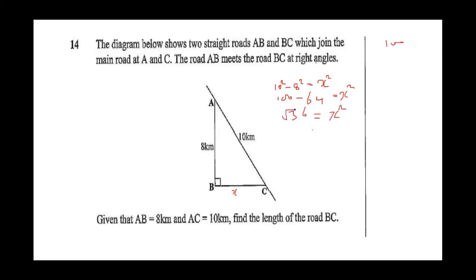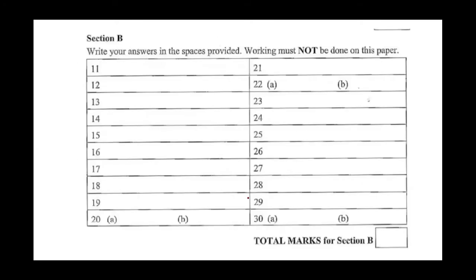Take the square root of both sides, so 6 is equal to x. So our answer here is actually 6 kilometers. Once you find the 6 kilometers, you write it there, where you're going to write your answer.